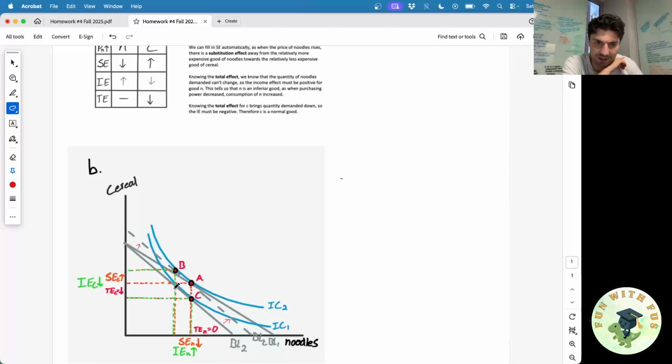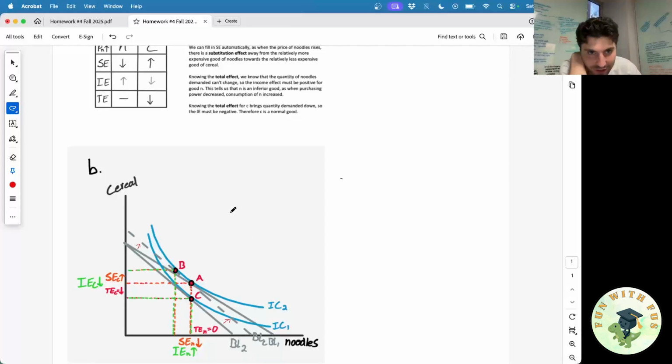I think typically you'll be scooching the compensated budget line out. And a little tip is that we always dot the compensated budget line just to make it easier to read.